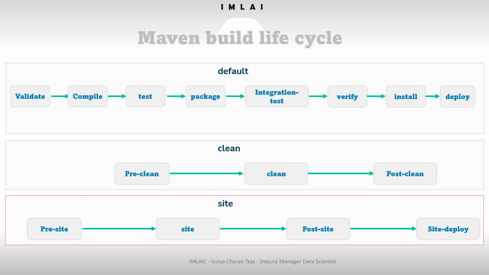It will call the plugin which can be used for documentation generation. Doxia is basically a framework used for content generation by Maven. It generates content both in static and dynamic ways. So this is how the life cycles default, clean, and site work.